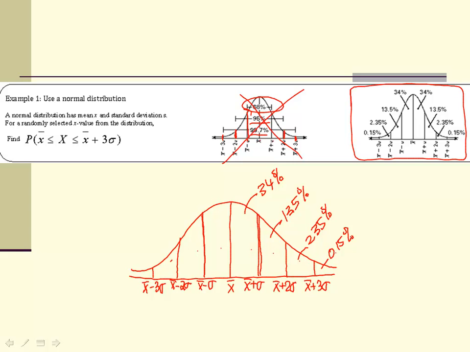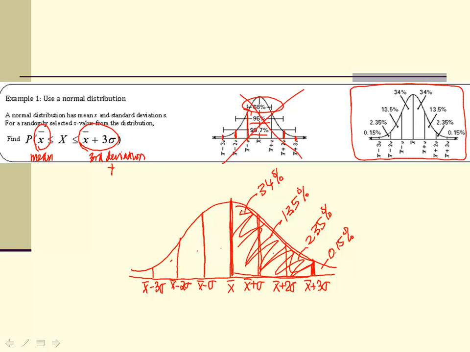So let's look at the example they give you. They ask you to find from the mean to the third standard deviation. So this is from the mean to the third deviation, and it's positive because I'm going plus. So the way I'm going to look at it is, here's my mean, here's my third deviation, and they want you to add up the percentage in between.